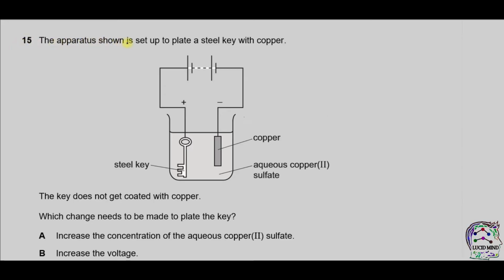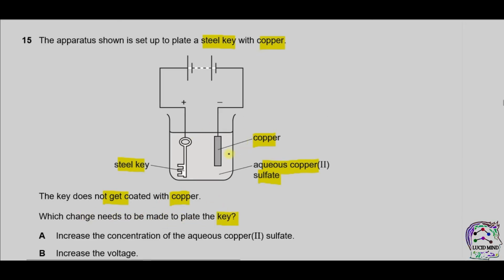Question 15. The apparatus shown is set up to plate a steel key with copper. We have this copper and we have steel key that is attached at the electrodes. The solution is of aqueous copper 2 sulfate. The key does not get coated with copper, which change needs to be made to plate the key.